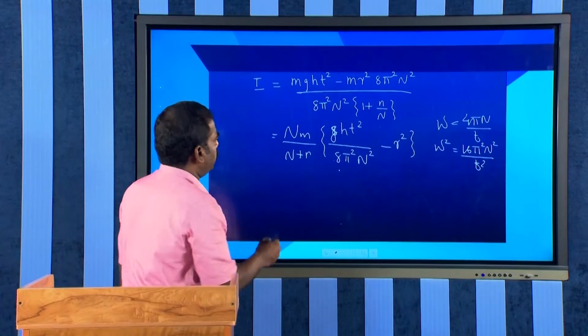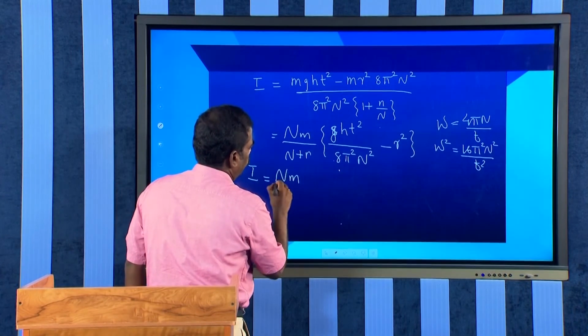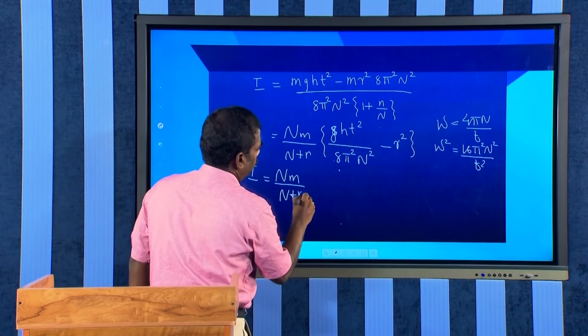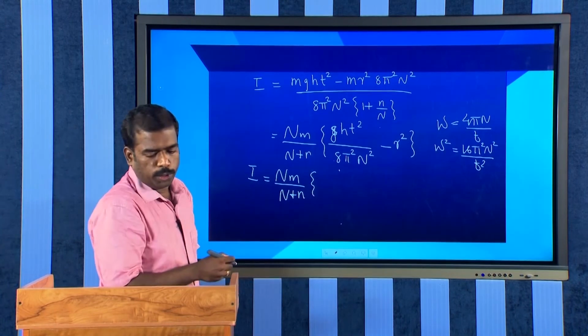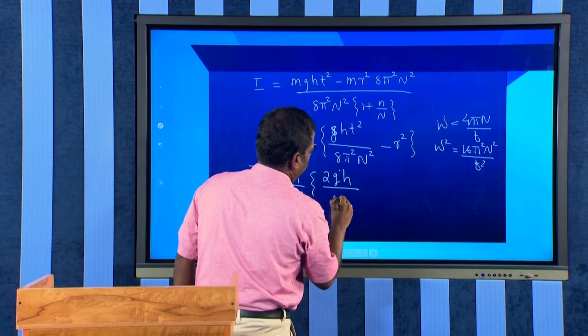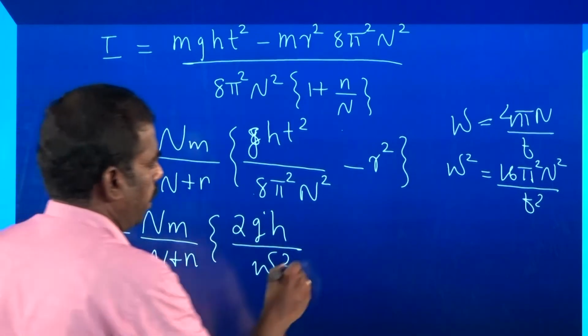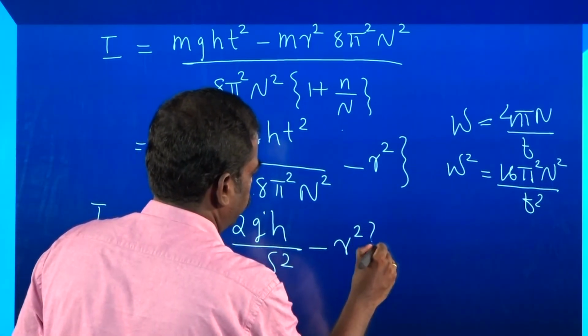So the final expression is I equals N m by N plus n into 2 gh by omega square minus r square.